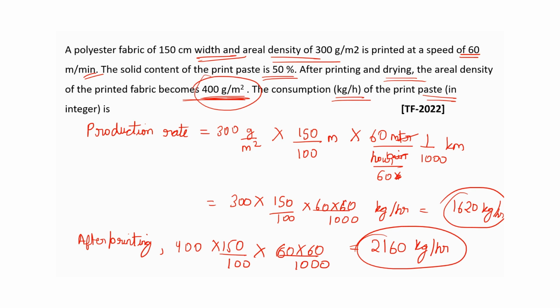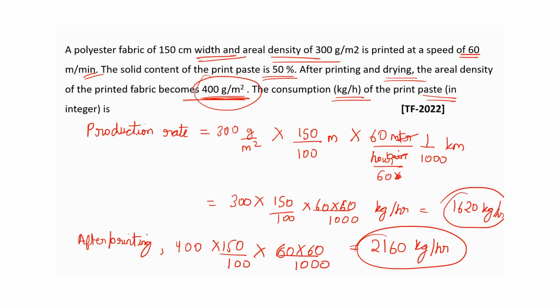So what is the increase in the fabric weight? If you have done printing, then there is an increase in the weight due to the weight of the print paste also, because the print paste also carries some weight. As you can see, the areal density, the GSM of the fabric earlier was 300, and after printing it increased to 400 as the print paste also has weight.